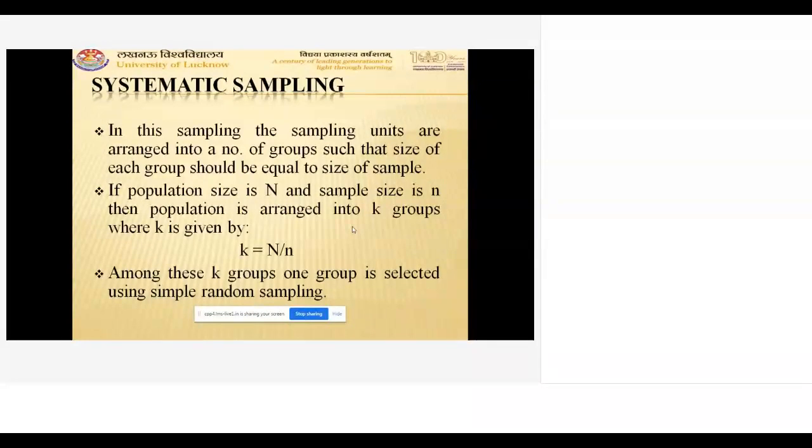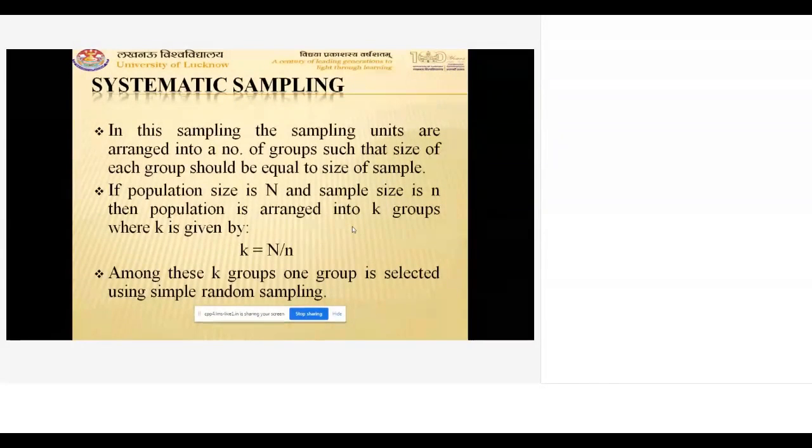Suppose there are 750 units and the sample is not fulfilled, then after 750 we again go to 1. Suppose a multiple of 17 is 680, then we add 17, that will become 697, and so on.